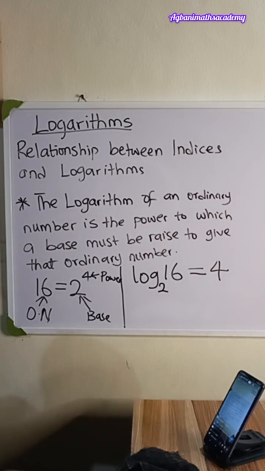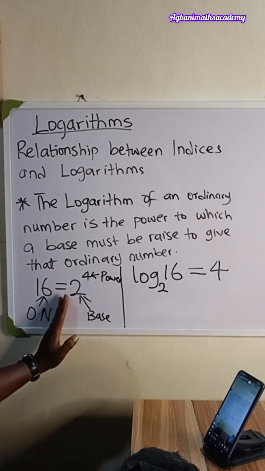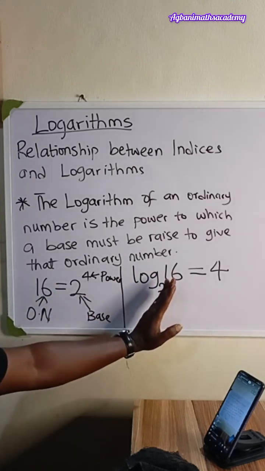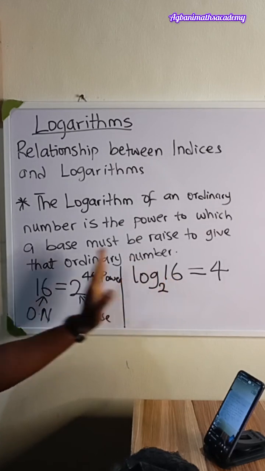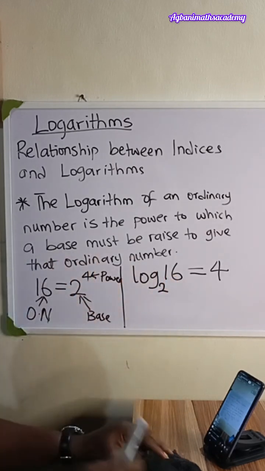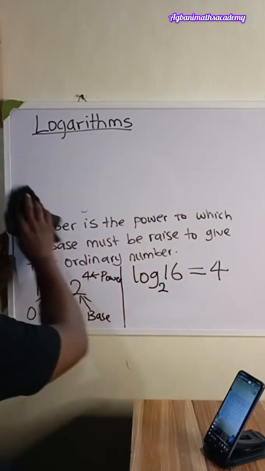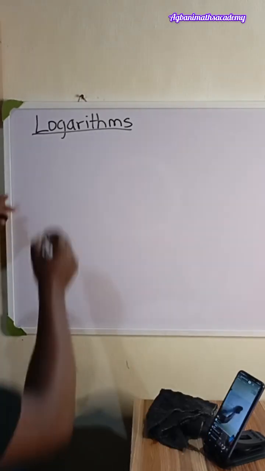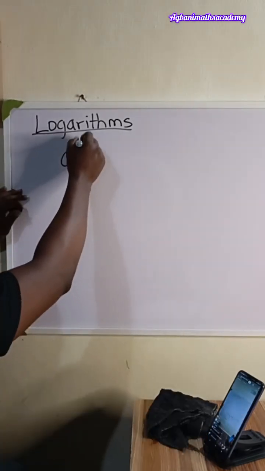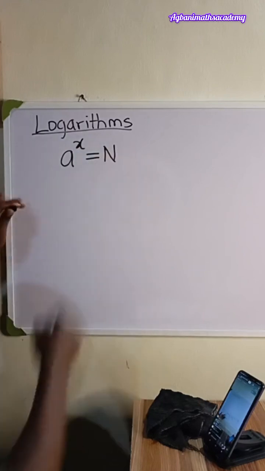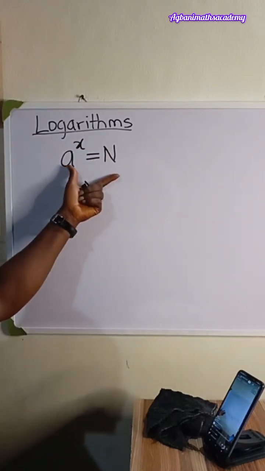The next thing we're going to do is see how to convert from index form to logarithmic form, and then from logarithmic form to index form. Okay, so let's continue. If you have a number in the form a to the power of x is equal to n, this relationship is in index form.